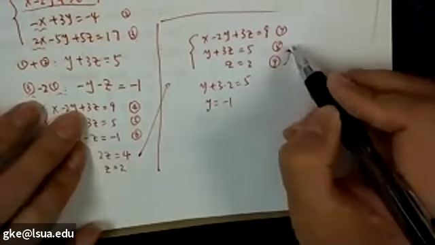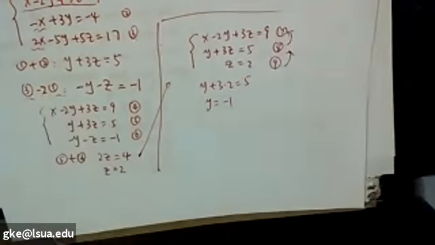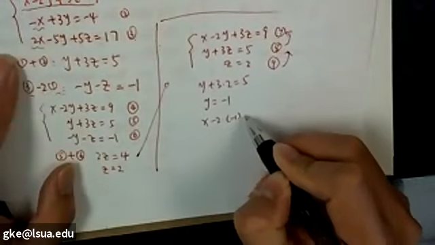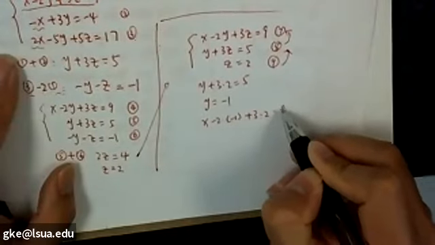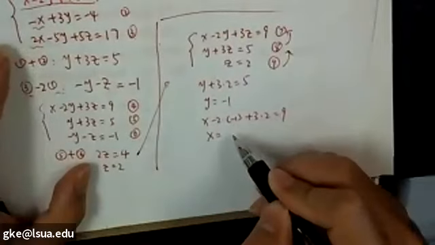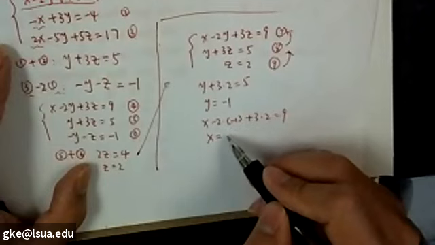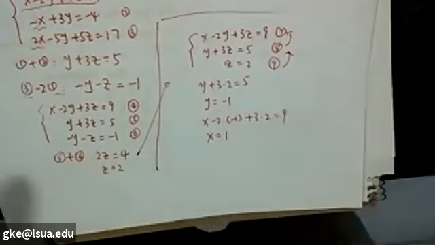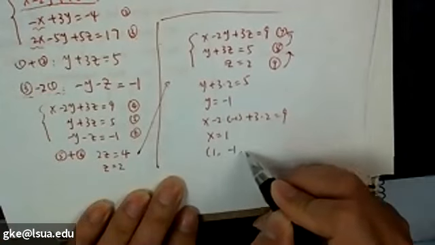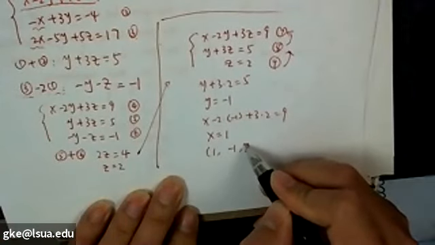And we substitute back into the first equation. We have x - 1 plus 3 times 2 equals 9, right? And we're going to get x equals 1, okay? So the solution set is 1, -1, 2.